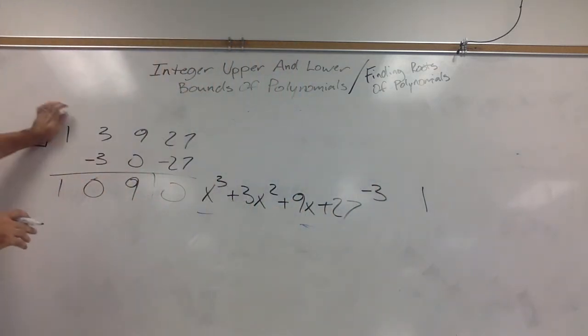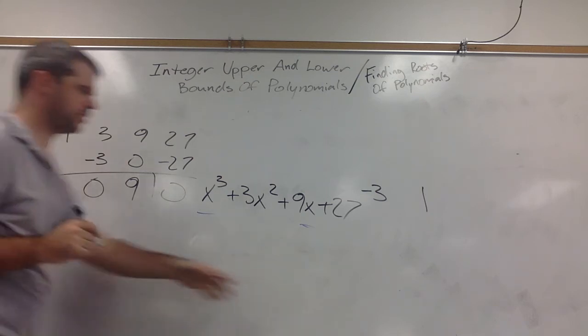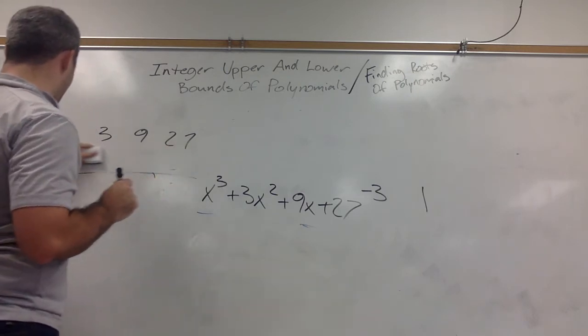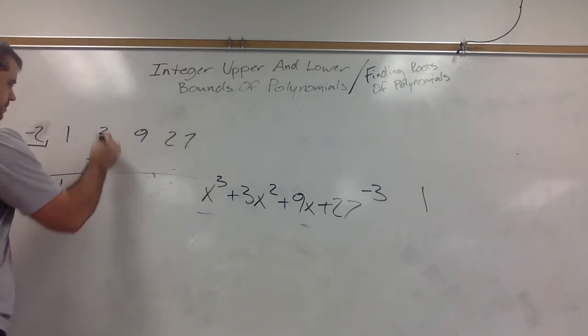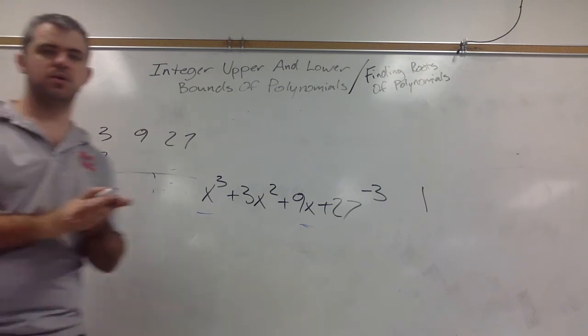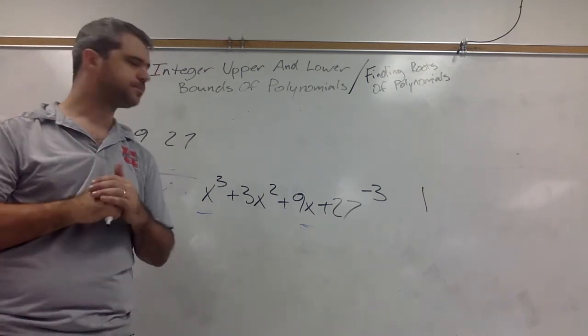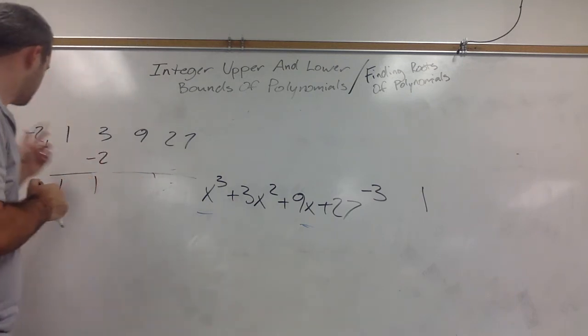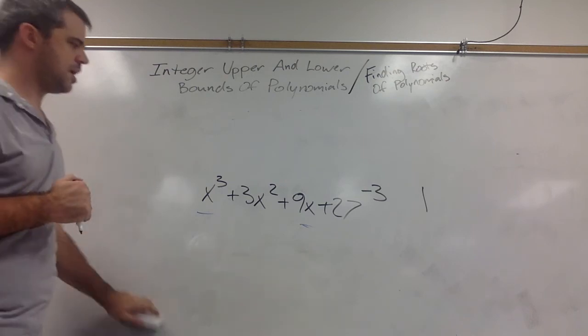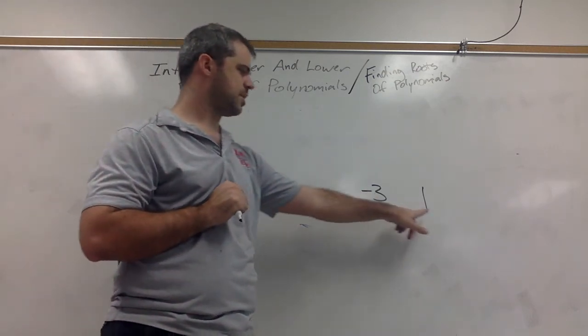If I went negative 2, I don't think this would work. I don't think we can go any lower than that. See, we don't have a sign change here. So since there's no sign change, negative 2 won't work. So my solutions have to be between negative 3 and 1.